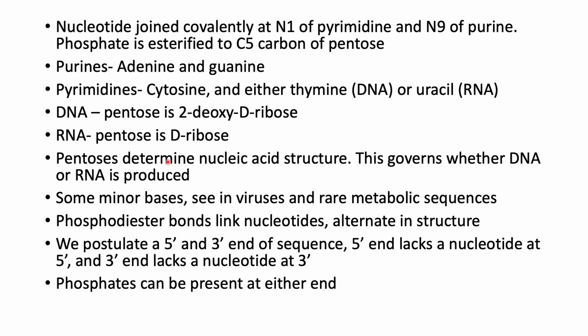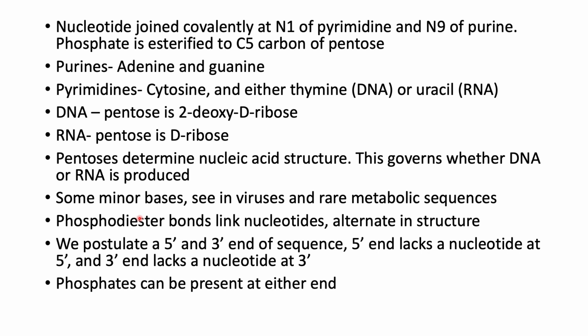Pentoses determine the nucleic acid structure. This governs whether DNA or RNA is produced. So the pentose structure, whether it's this one for DNA or this one for RNA, is what drives whether you're dealing with DNA or RNA. So the difference lies here, not with the purine or pyrimidine, except for the difference between thymine and uracil here.